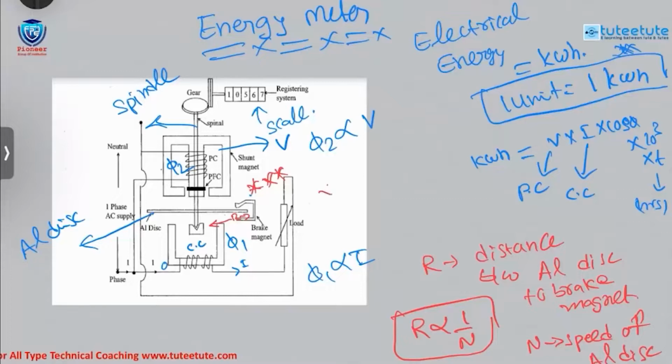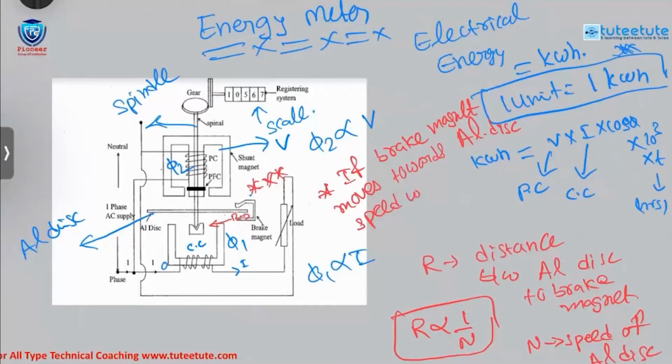So we will note here: if the brake magnet moves towards the aluminum disc, speed will increase. If you take it away, speed will decrease. This relation is important. In many exams this is repeated. So this is based on the brake magnet concept only.